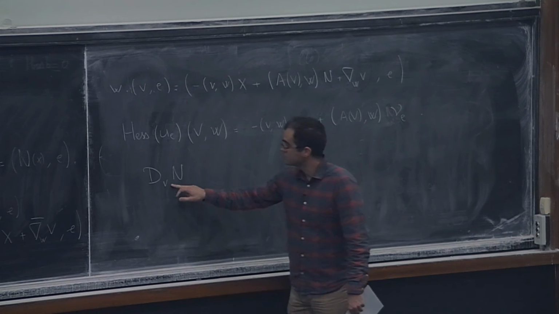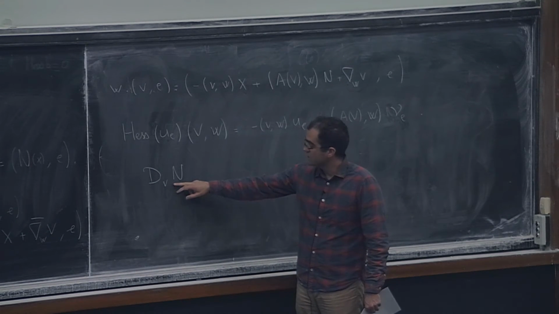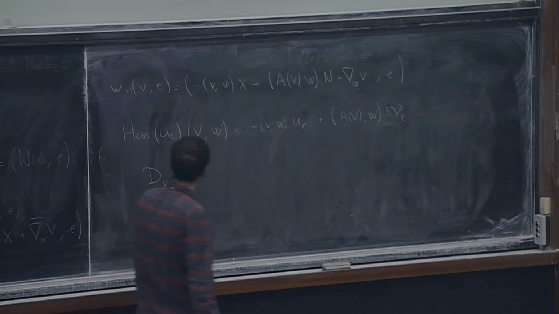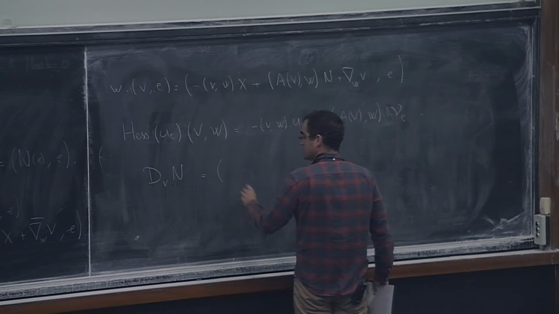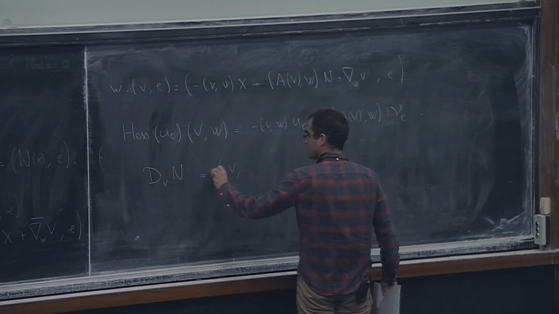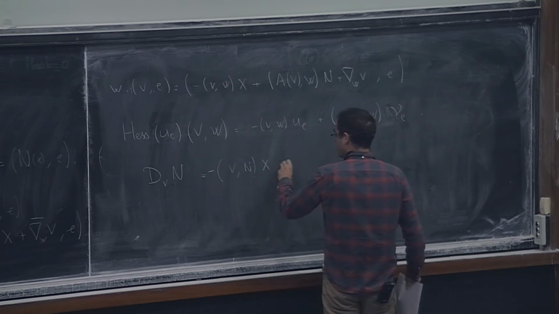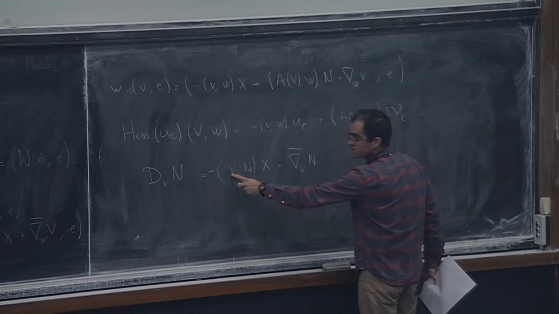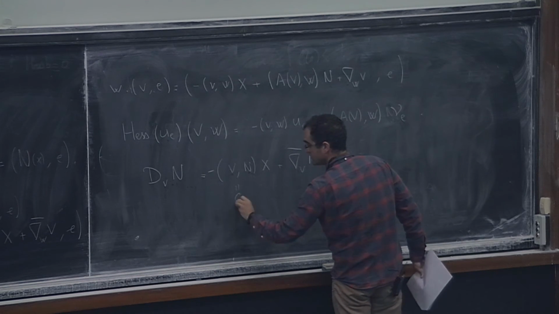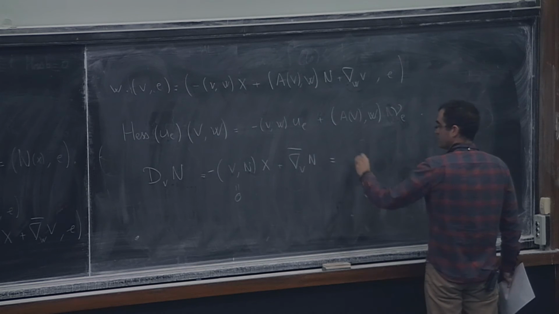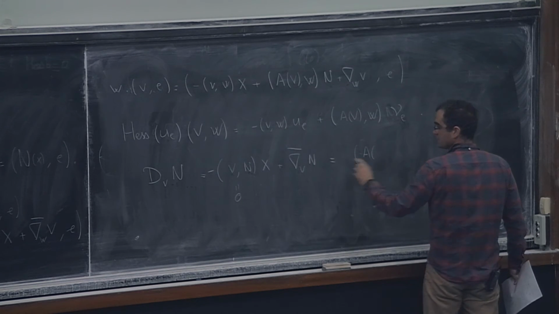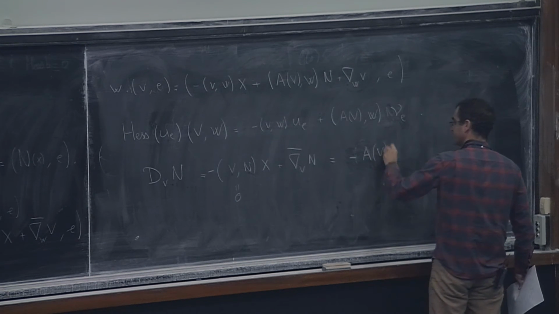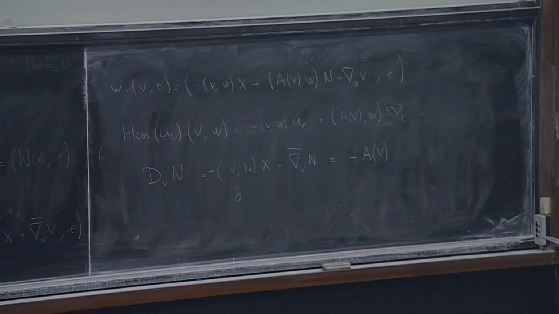You see that this quantity can be decomposed as a part which is orthogonal to the unit sphere, which is, let's do the computation there once, just (v, n) x plus nabla bar_v n. But v is tangent to sigma, n is normal to sigma, so this is equal to 0. And you have then after A, v, so you have this quantity, and this is just minus A of v. The shape operator is computed by this quantity.